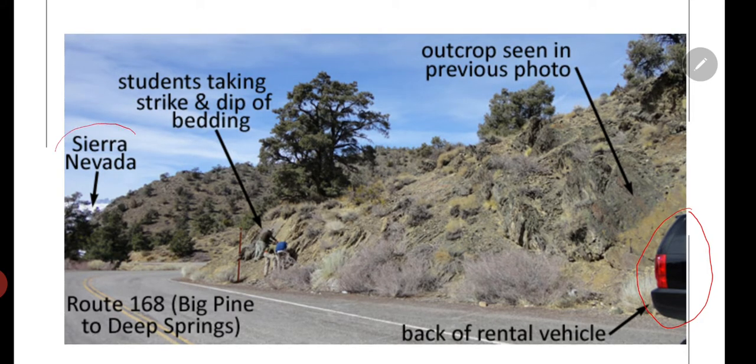It is at Sierra Nevada, and they are taking all the information at Route 168, Big Pine to Deep Springs. What you will do there is make the measurements for strike and for dip. And this is the explanation about a student taking strike and dip of bedding.